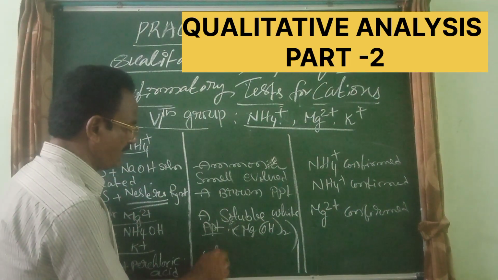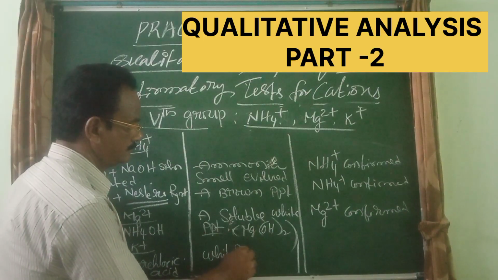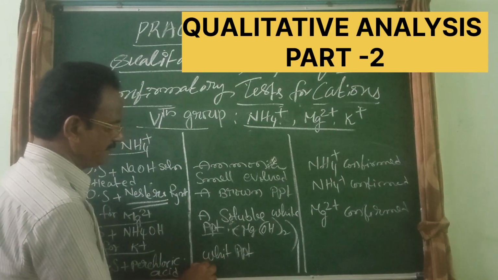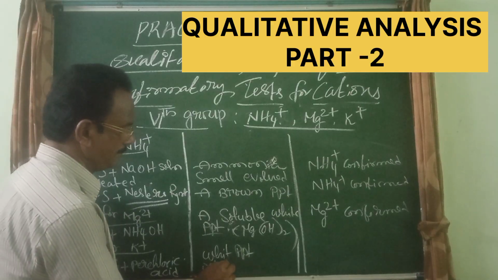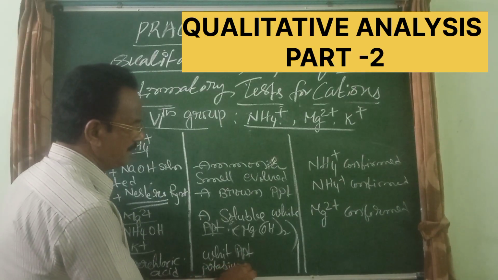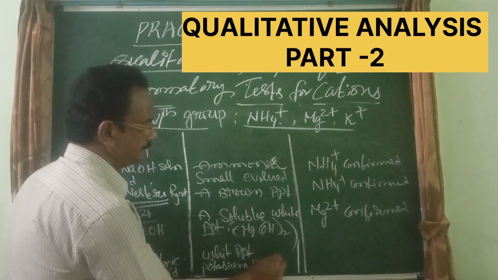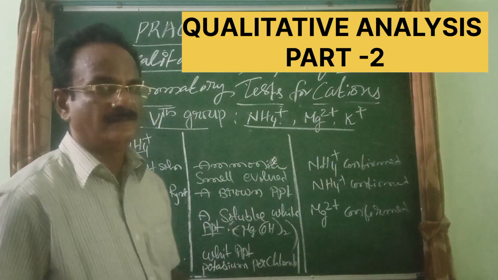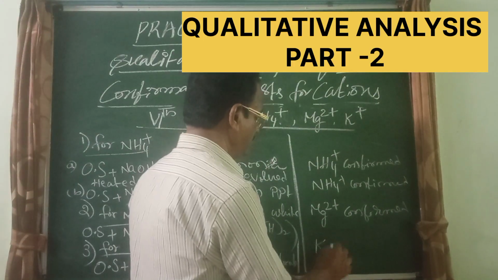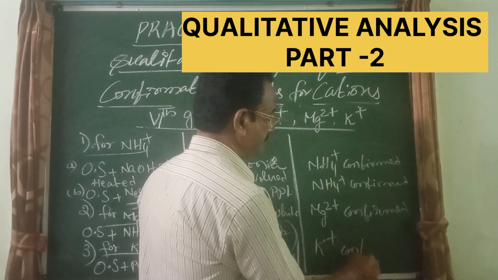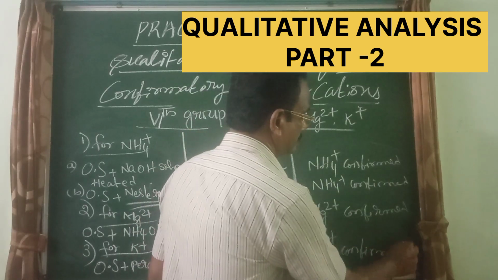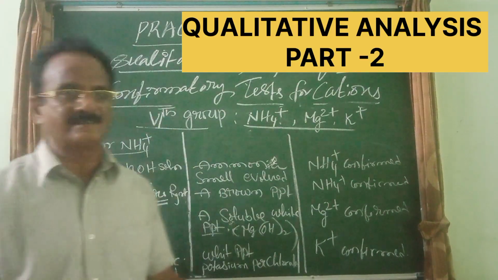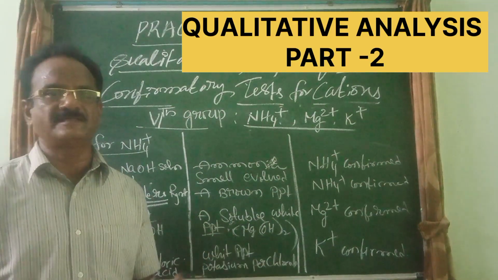A white precipitate is formed. The name of this precipitate is potassium perchlorate. Then we can conclude that K+ is confirmed. This is about the confirmation of 6th group cations.